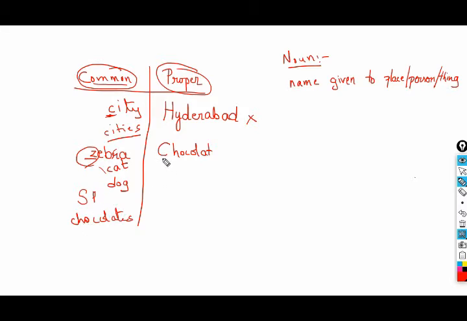But in this case, just because it is the name given to one particular animal, it has become capital. Next, in general, the word chocolate is supposed to be written in small. However, if you're mentioning anything specific like the name given to a chocolate, for instance, Dairy Milk, in this case, it will be written in capital letters.